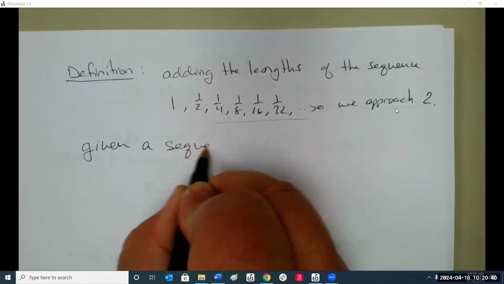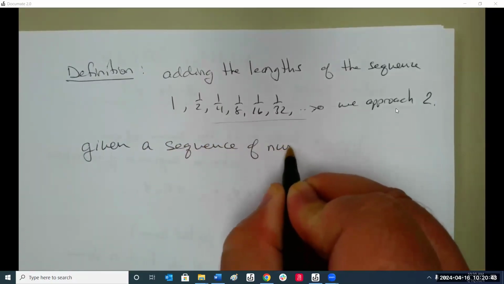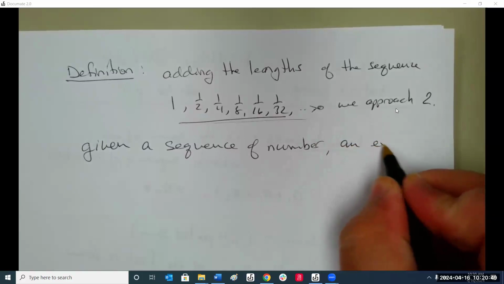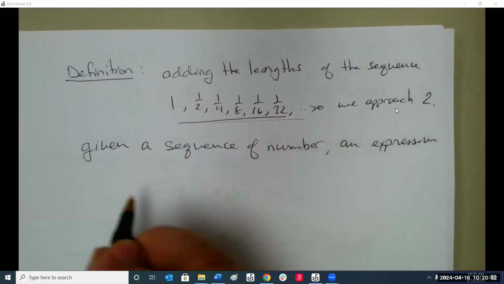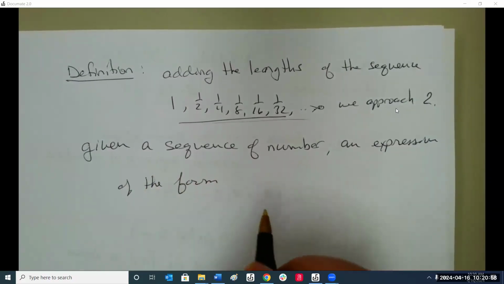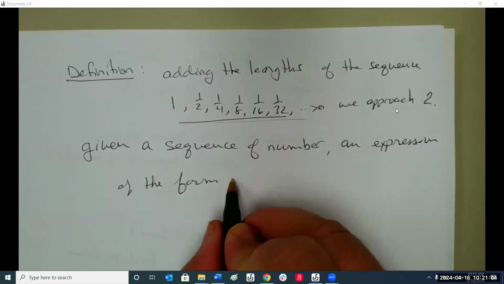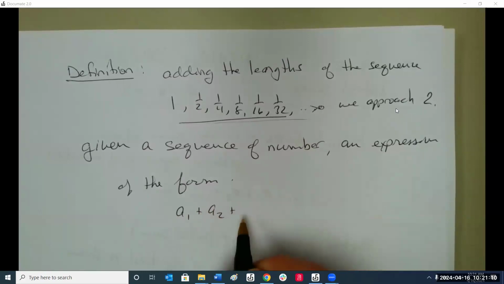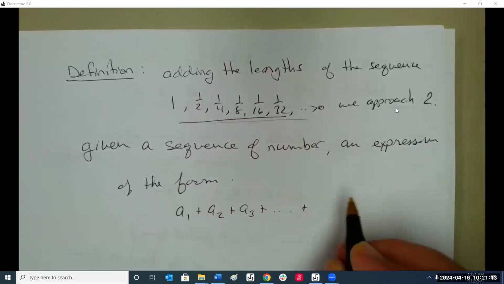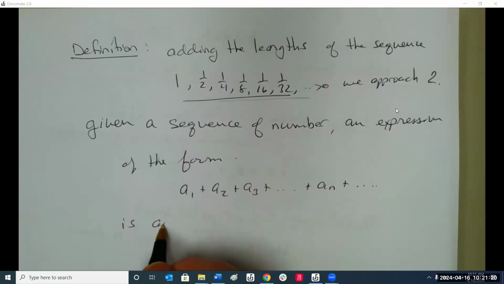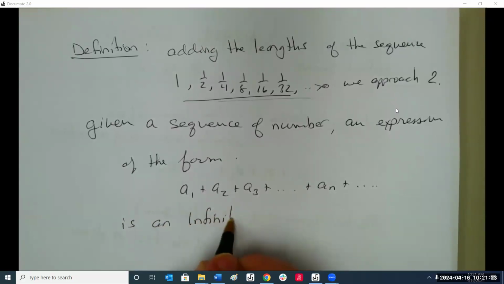Given a sequence of numbers like this, an expression of the form a1 plus a2 plus a3 plus dot dot dot plus a sub n plus dot dot dot is an infinite series.